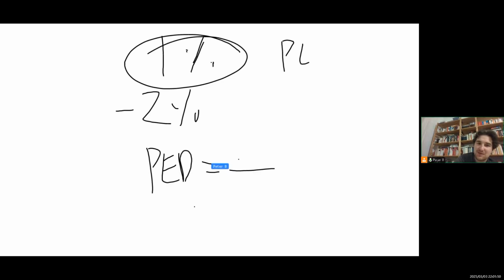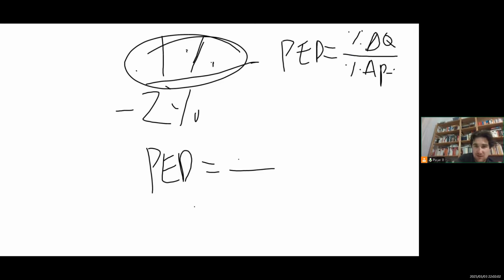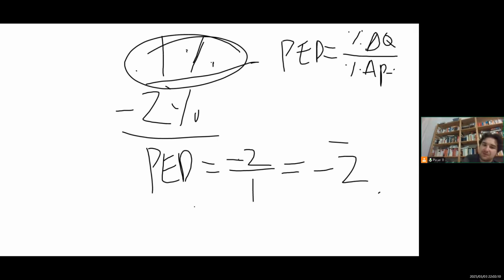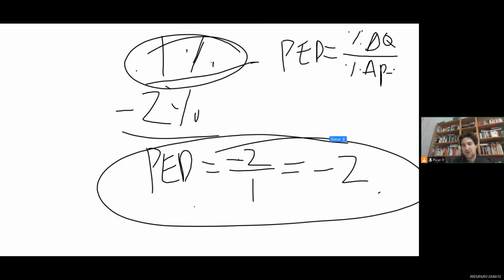Because if you remember the formula, we've got percentage change in quantity divided by percentage change in price. So percentage change in price of 1%, pop it here. Percentage change of minus 2% in quantity, pop it here. Minus 2 divided by 1 is minus 2. Okay, bam. I found the price elasticity of demand of this imaginary situation.